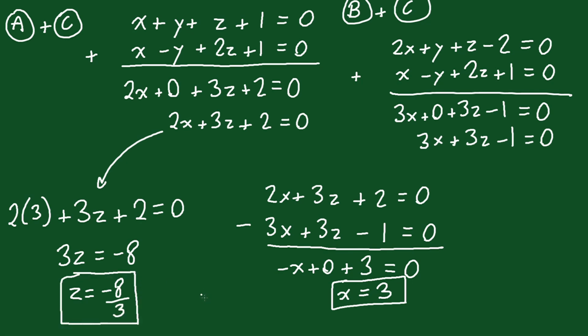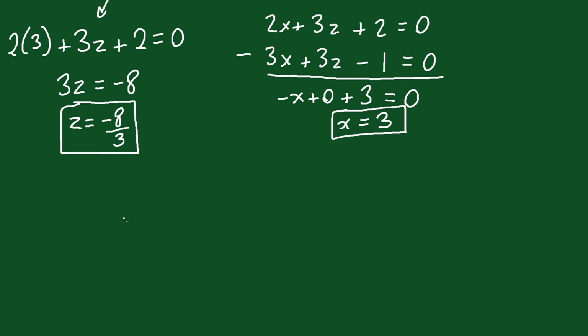Now all I have to do is figure out my y value. I need an equation that has x, y, and z in it. Why not just use the first one up here? Equation A, x plus y plus z plus 1. So x we know is 3, plus y plus z we know is negative 8 over 3, plus 1 is equal to 0. Let's solve for y.